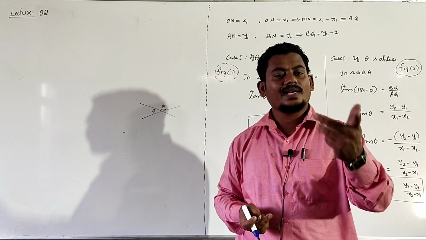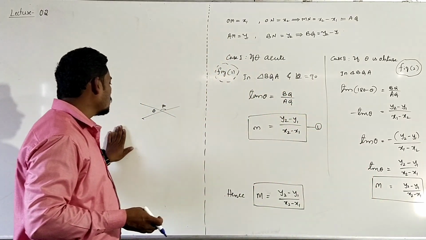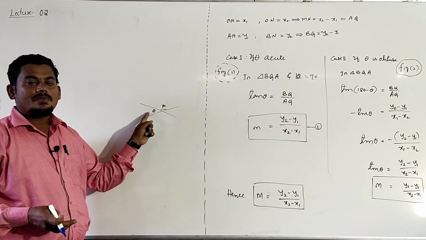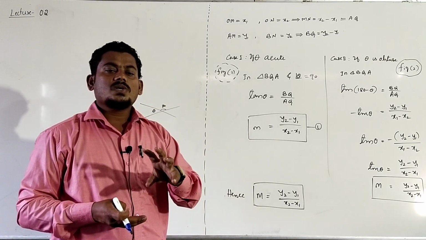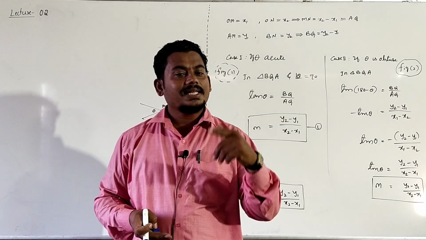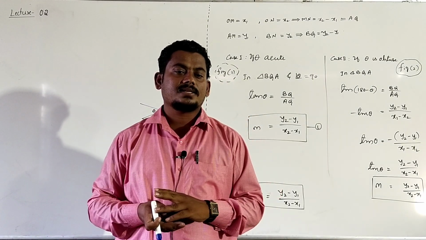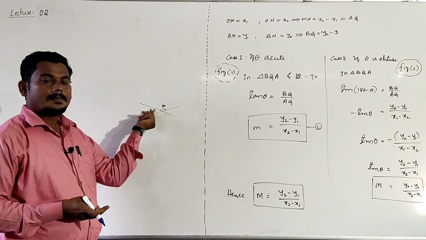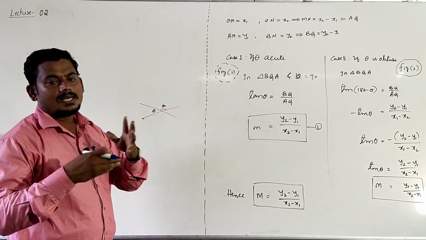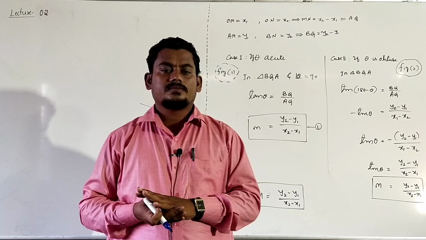One is acute, the other one is obtuse, right? Theta is an angle between two lines and beta is also an angle between two lines. Suppose theta is the acute angle, then clearly beta is the obtuse angle. One is theta, the other one is beta.